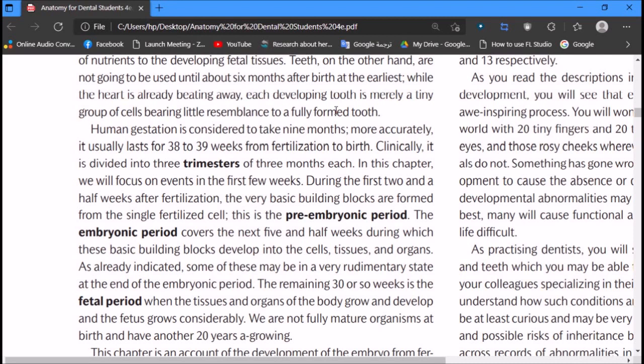Two examples of the role played by apoptosis are the formation of hollow tubes from solid cords of cells, or the removal of tissues that would restrict the movement and development of other tissue.